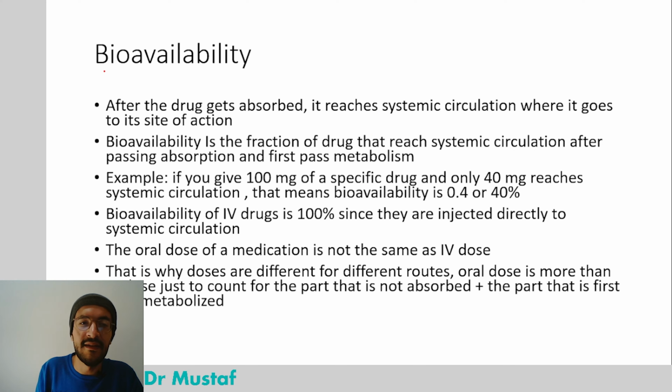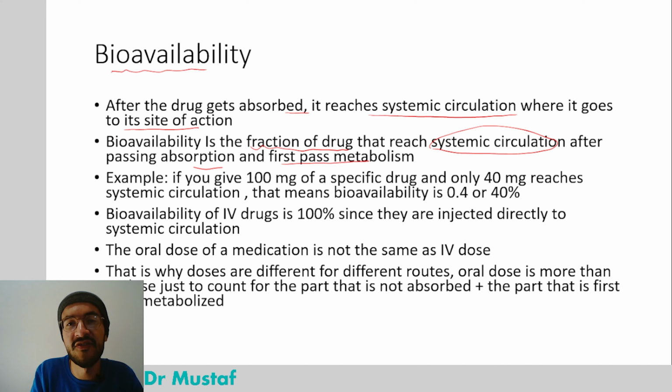Finally, let's talk about bioavailability. After the drug gets absorbed, it reaches the systemic circulation where it goes to its site of action. And the bioavailability is the fraction of the drug that reaches the systemic circulation after absorption and first pass metabolism. So it is basically the dose of the drug that reaches the systemic circulation.